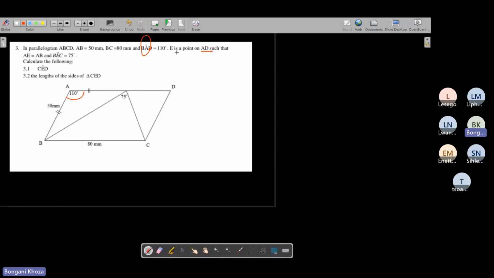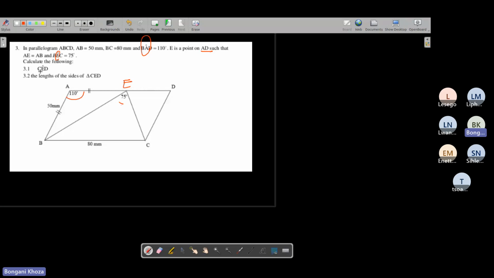So E is a point on AD, this is AD, that means here we have to have E, such that this part is equal to that part. And then we're also told that angle BEC, that means we're looking at E, BEC is 75. So this angle over here is 75, right?